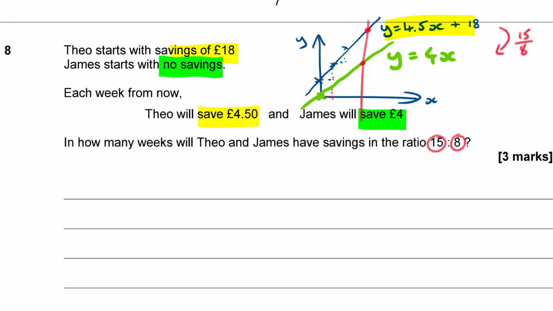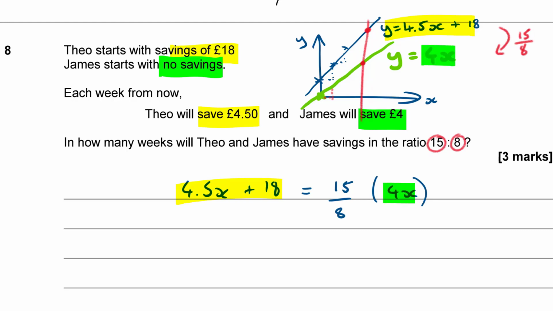So if I take that equation, 4.5x plus 18, I want to find the value of x when that is equal to 15/8 of 4x. My yellow equation is 15/8 of my green equation, so I've got an equation in x that I should be able to solve.